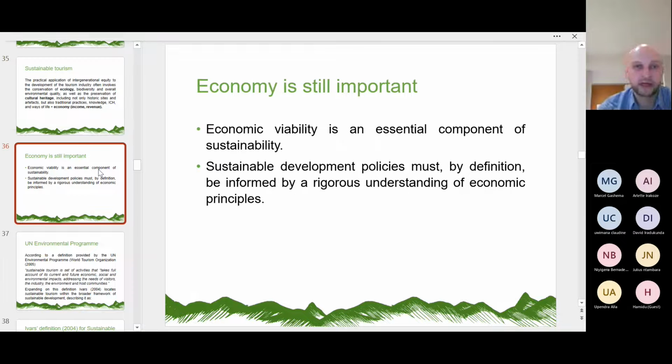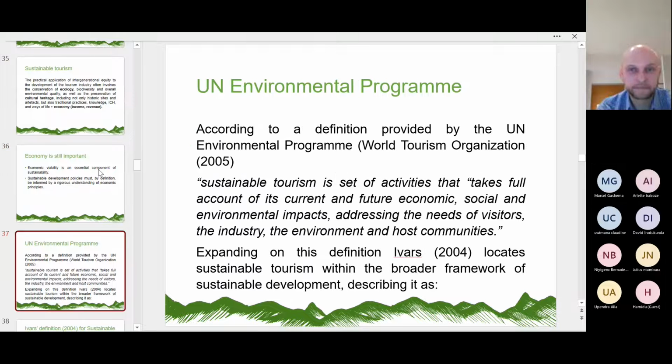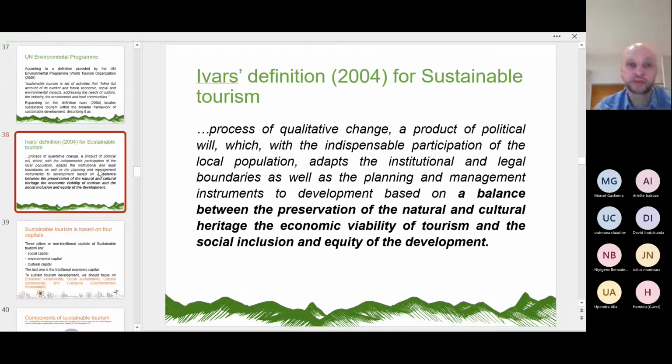Okay, next, economy is still important. Definition is given here. Also, we have another definition given by Ivars in 2004 that is among the highly cited definitions of sustainable tourism.